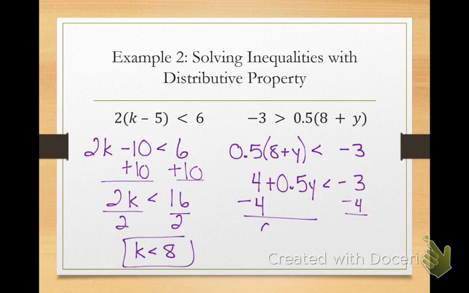Okay, and now I have 0.5y is less than negative 7. All right, so we can recognize pretty easily what we need to do to both sides. We need to divide by 0.5. But you have to remember when you are dividing by a decimal, 0.5 is also equivalent to what as a fraction? 1/2.